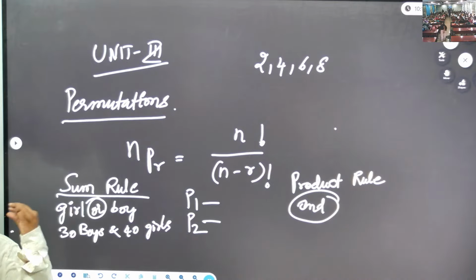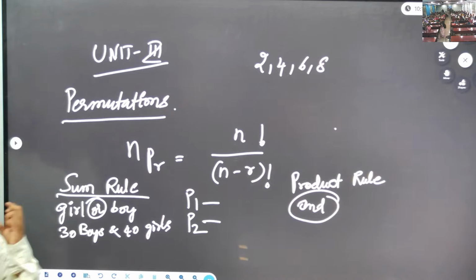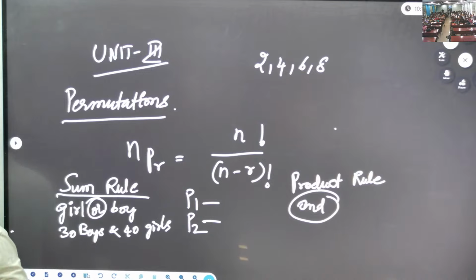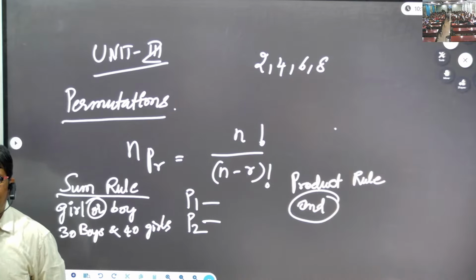So which case is going to be acting as sum rule? Which case is going to be acting as product rule? That is, when you are going to execute both problems, what is going to be your output? When you are executing one, what is going to be your output? Sum is OR case or AND case?